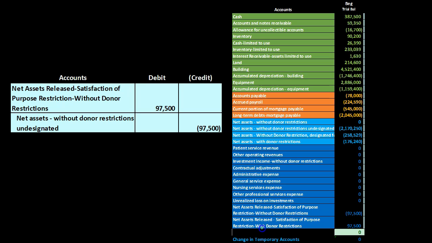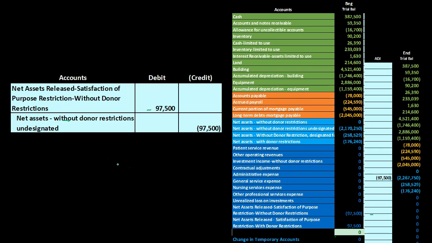So we're just going to match up the withs and the withouts to the withs and the withouts up above in the net assets section. So first we're going to close out the one that will be without restrictions. That's got to be the credit here. So therefore, we're going to debit it to make it go down. And then we're going to be putting it into the proper net asset account. And that's going to be the net assets without donor restrictions, which are undesignated.